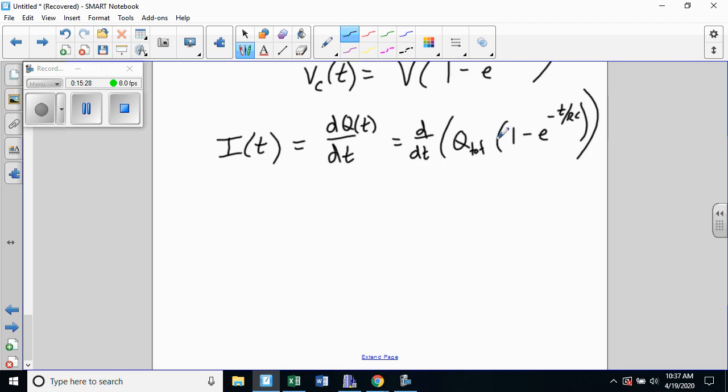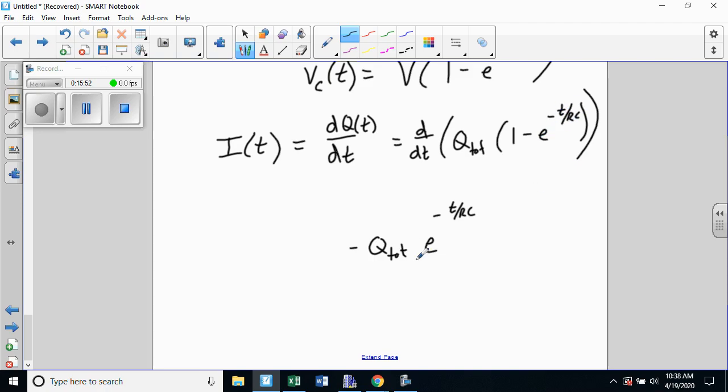so I don't have to worry about that term. I just have this term of minus Q e to the minus t over RC. When we take the derivative of that, there's a minus Q total here. You take the derivative, you get e to the minus t over RC times the derivative of the exponent.